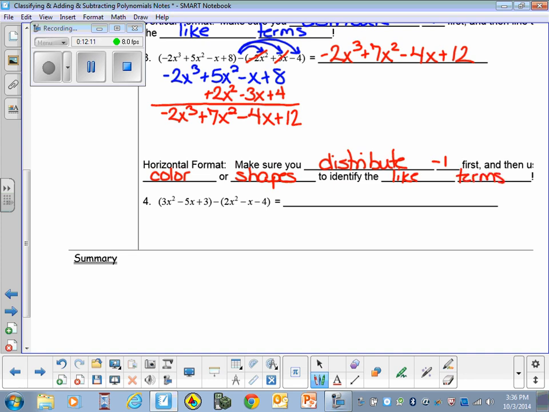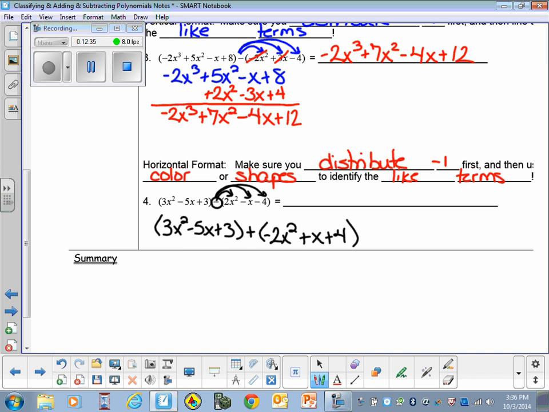All right, so keep the first polynomial. Now, I'm distributing negative 1 times 2x squared is negative 2x squared. Negative 1 times negative x is positive x. Negative 1 times negative 4 is positive 4.